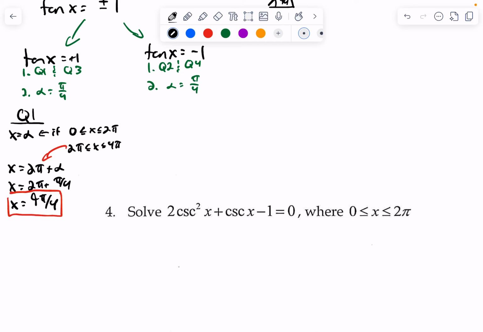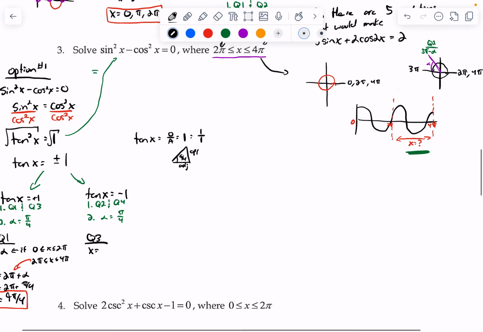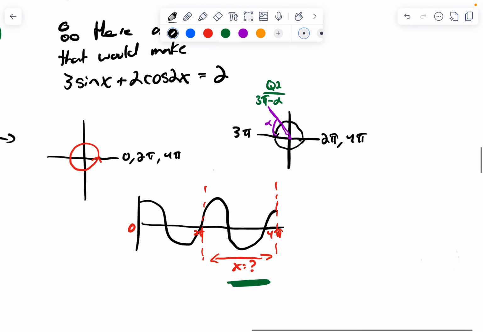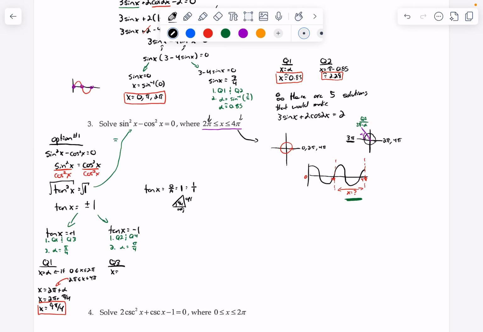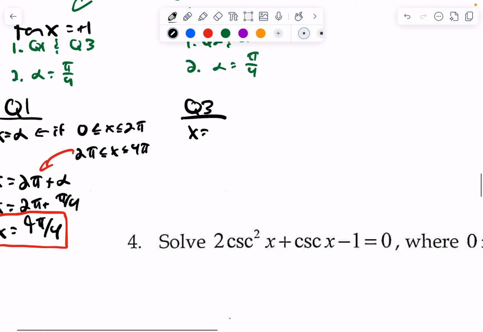That's one solution. And then your other one would be in quadrant 3. So x in this case, because it's quadrant 3, go back to this new unit circle we've drawn, is 3 pi. So that means quadrant 3 is 3 pi plus alpha.